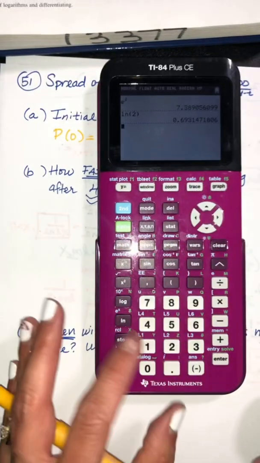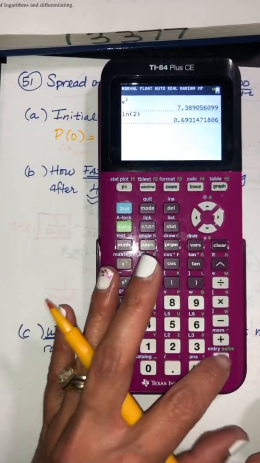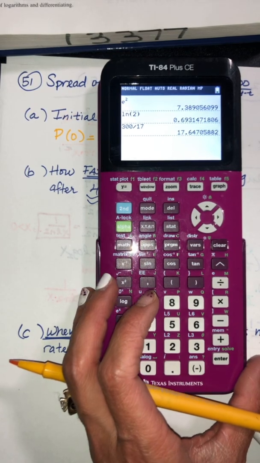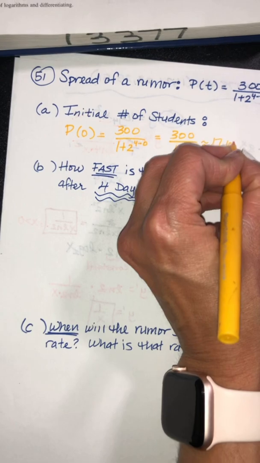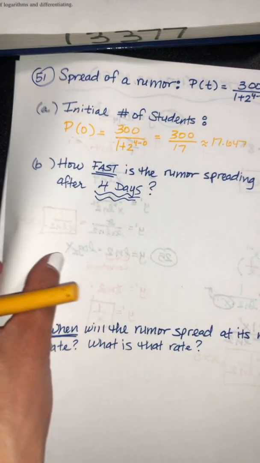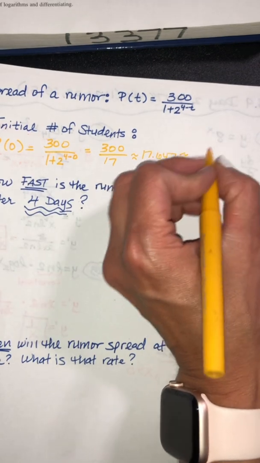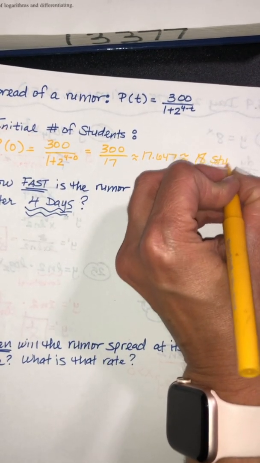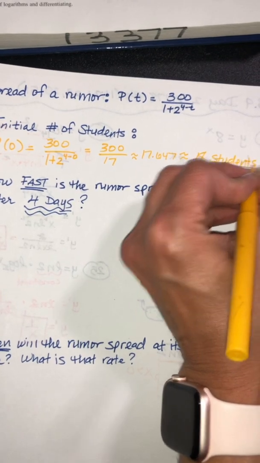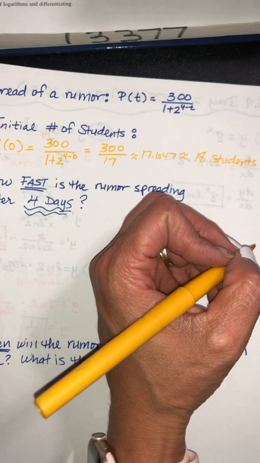I know it doesn't divide evenly. 17.647. But this is the number of students, so you can't have 0.647 of a student, so you always round up to the nearest whole number. So that is 18 students. So 18 students have initially heard the rumor.